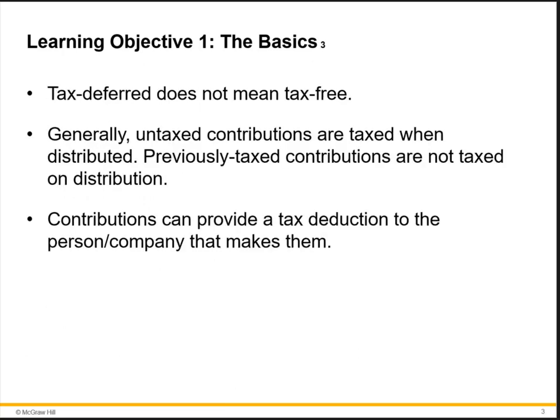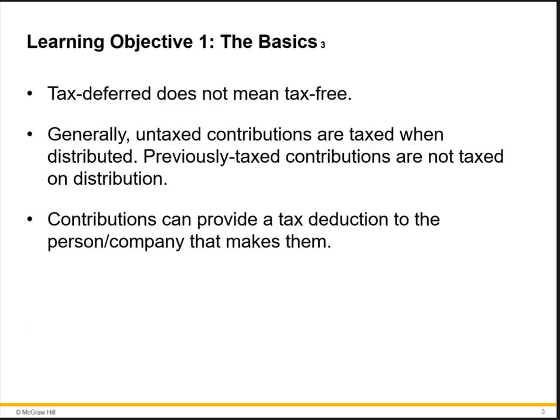So we said this again, tax deferred does not mean tax free. Untaxed contributions are taxed when distributed. So if you got a deduction or did not include the money in your income in the year that you contributed to the plan, that means that when you take it out of the plan later on, it will most likely be taxed.